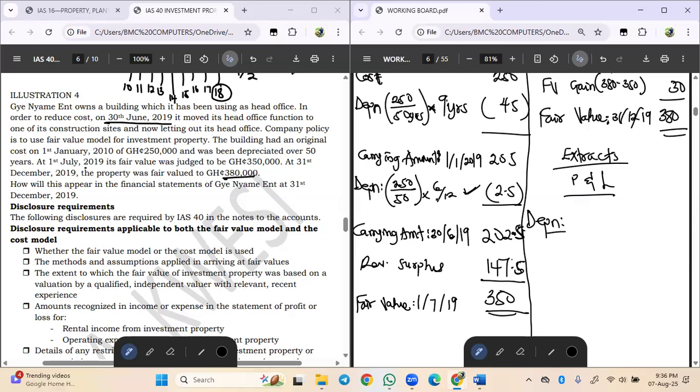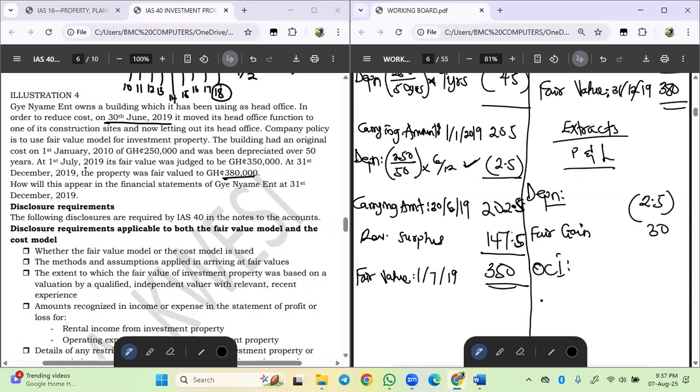That's why we did the half separately. So depreciation 0.5, negative figure. Then the fair value gain, straight to P&L, 30, positive figure. Then we go to OCI, and OCI will contain the revaluation surplus of 147.5.